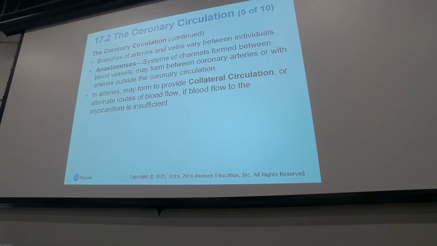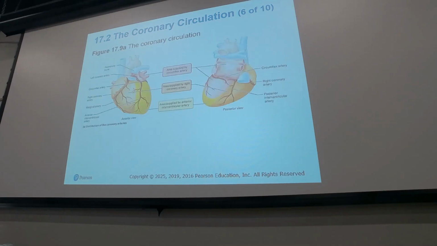And in this case, you can have collateral circulation, helping to prevent only one branch from being in charge of providing blood supply, especially when the heart has an obstruction internally. That's when more than likely this collateral circulation can develop.